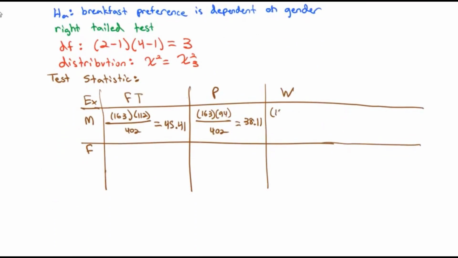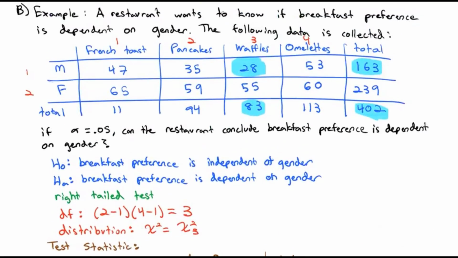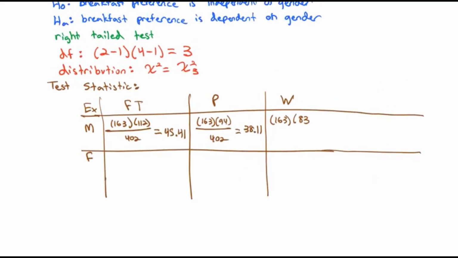So we have 163 times the 83. Is it 83? Yeah. Divided by the total of 402. And that's going to give us 33.65 for our expected value.